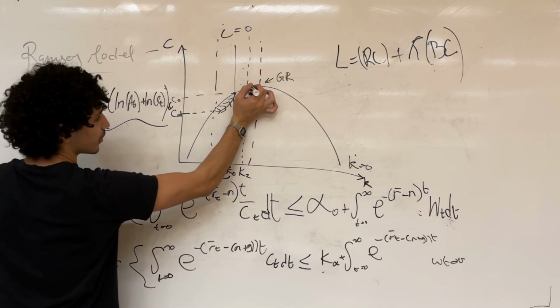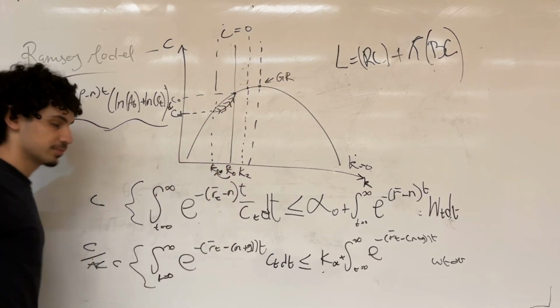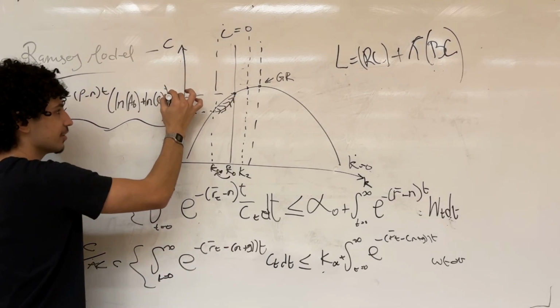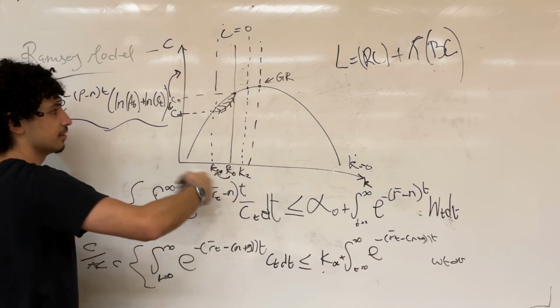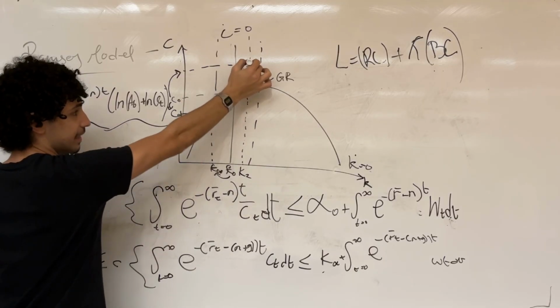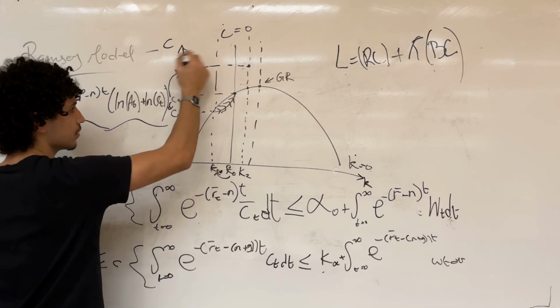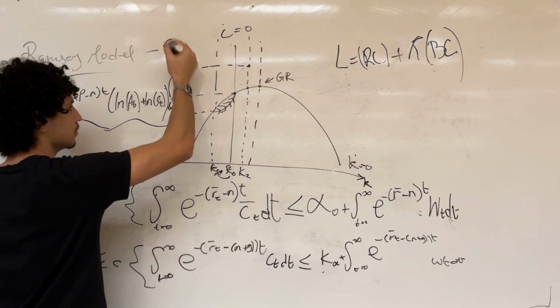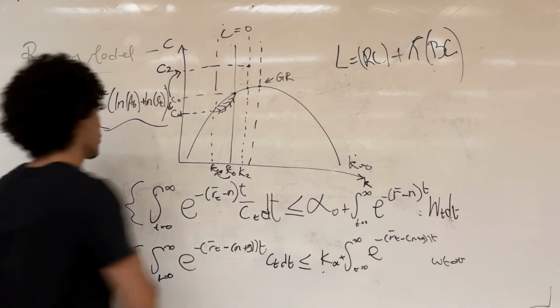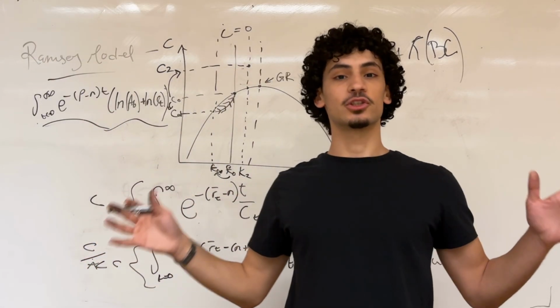At this new constraint, not only is consumption going to increase, it's actually going to increase a lot to like here, where this is where we are, C2. So we just got a fresh new batch of capital.